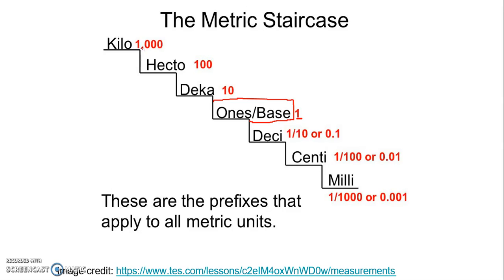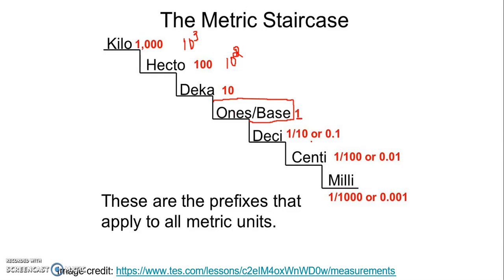From kilo, 1000, that would be equivalent to 10 to the 3rd power. Then after that is hecto, 100, 10 to the 2nd power, so 10 square. Then we have deca, 10, and then we have the base, which is 1.